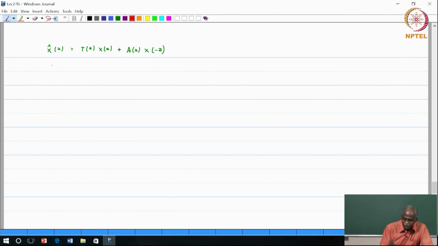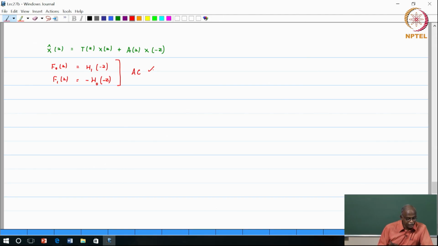Aliasing cancellation: f naught of z equal to h1 of minus z, f1 of z equal to minus h naught of minus z. Wait, this is h1 and this is h naught. Okay. So, this will give me aliasing cancellation.